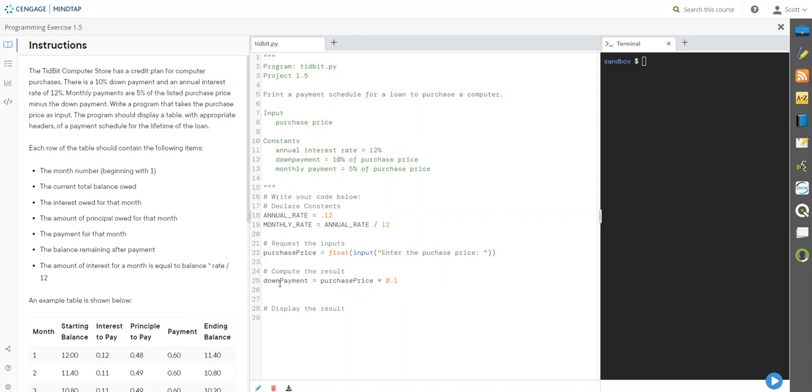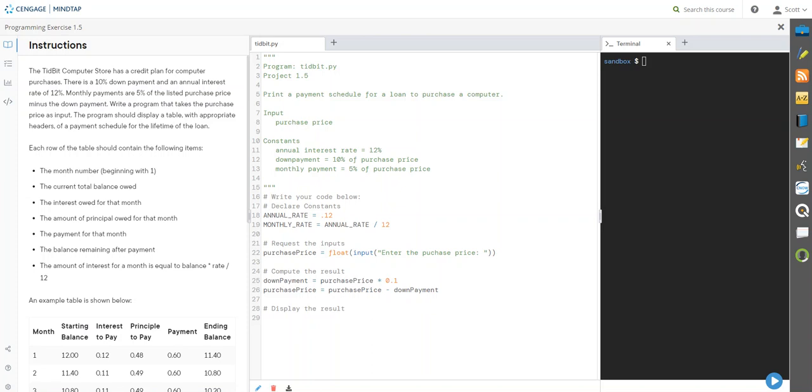So I calculated down payment, took purchase price, which was an input, stored it. Now I used it in a calculation. Now the purchase price is that purchase price less down payment. So I need to reduce the purchase price by the down payment. So this is how much I've got to finance.